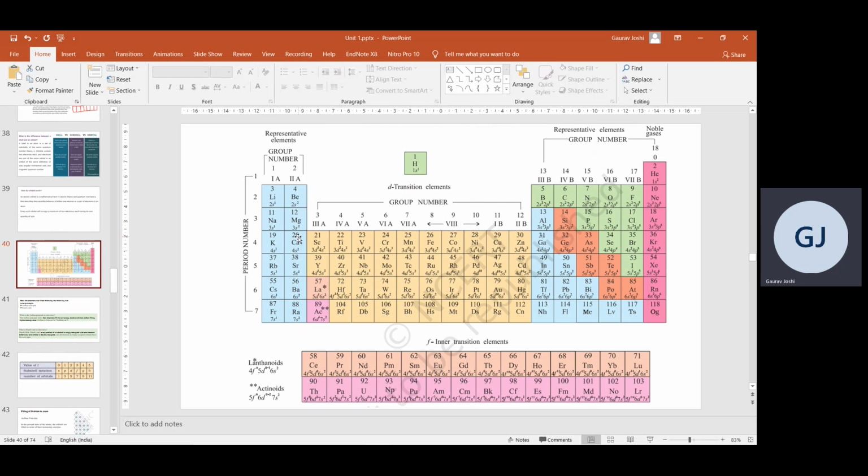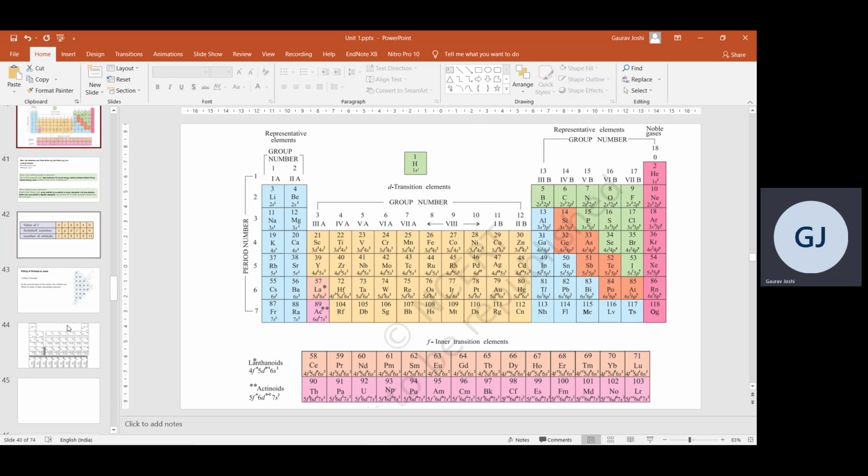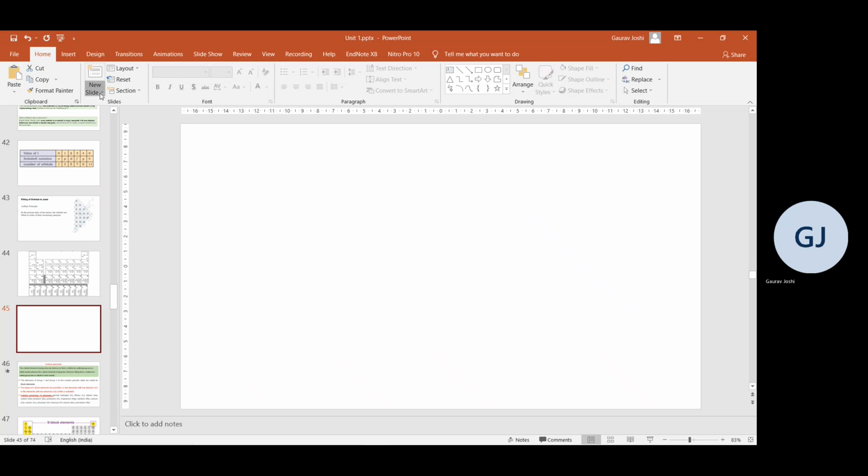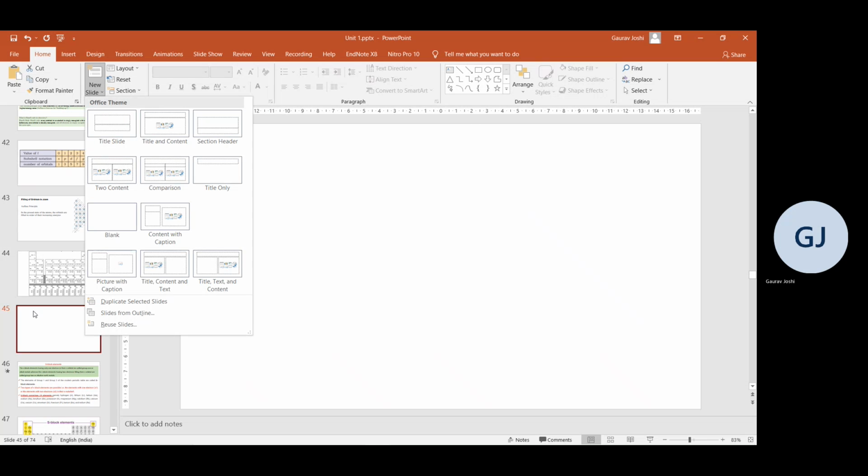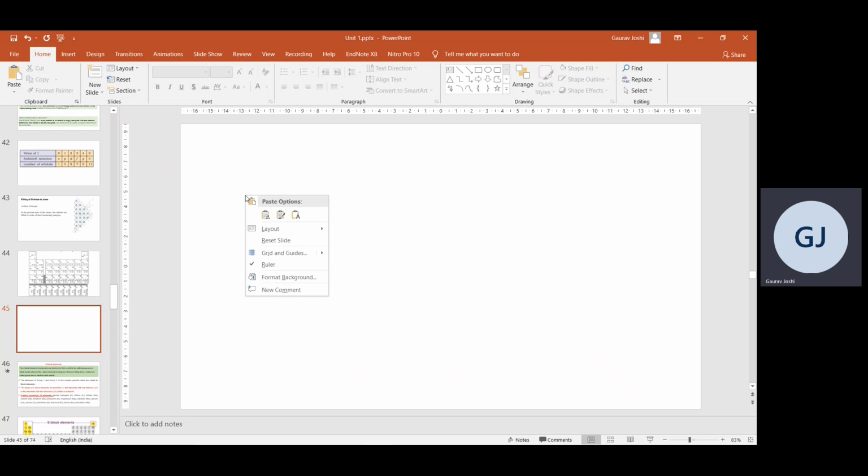For example, I can take calcium. Calcium has an atomic number of 20. So what I'll do is make an electronic configuration for calcium.